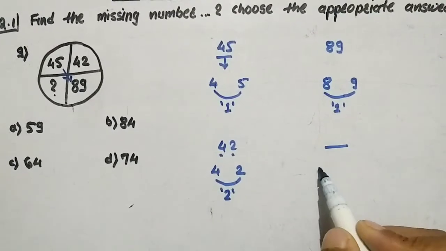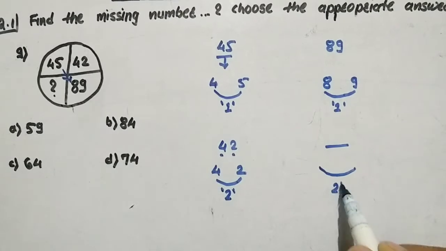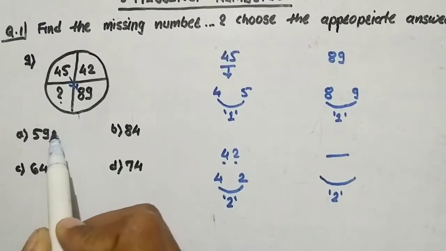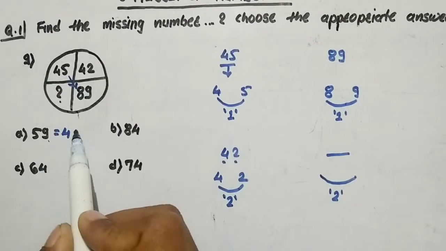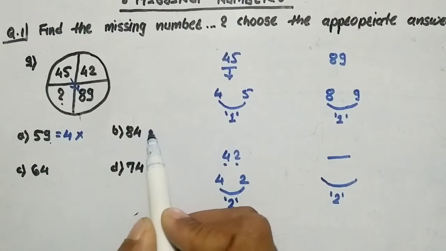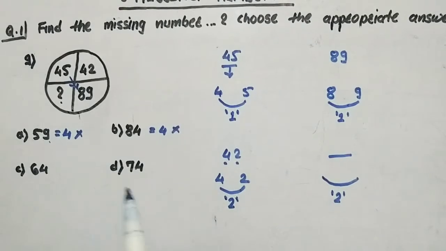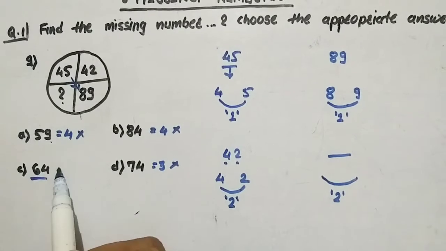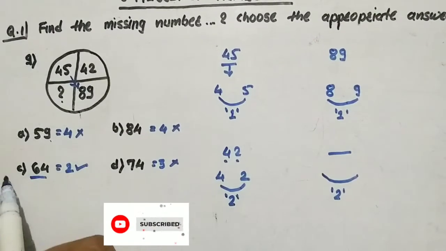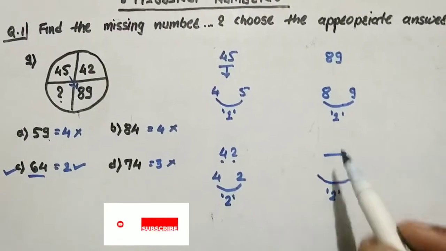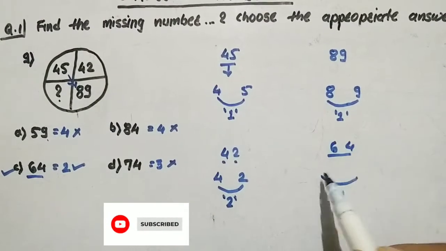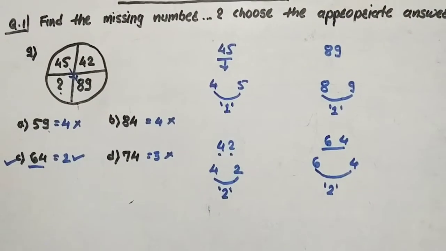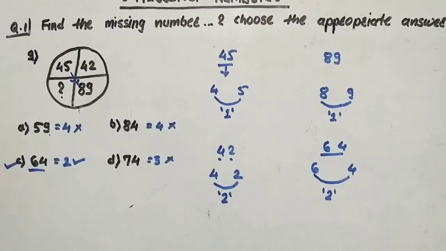So here also the numbers that come should have a difference of 2. Their difference comes to 4, so eliminated. 8 - 4 gives 4, eliminated. 7 - 4 is also eliminated. 6 - 4 will give 2. That's why option C is the correct answer. So I will write 64 here, 6 and 4, the difference between those two numbers is 2. So that's why option C is the correct answer.